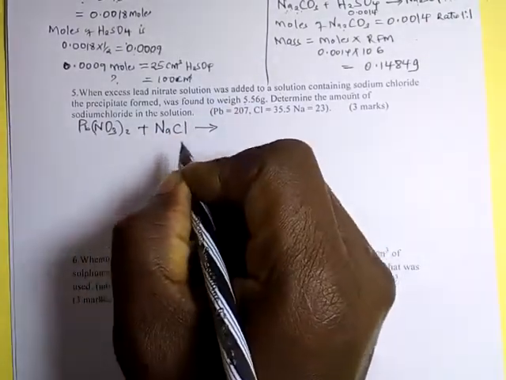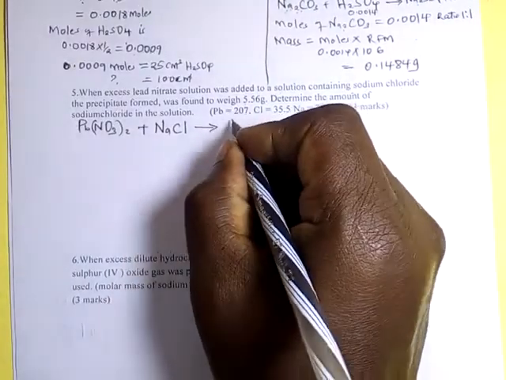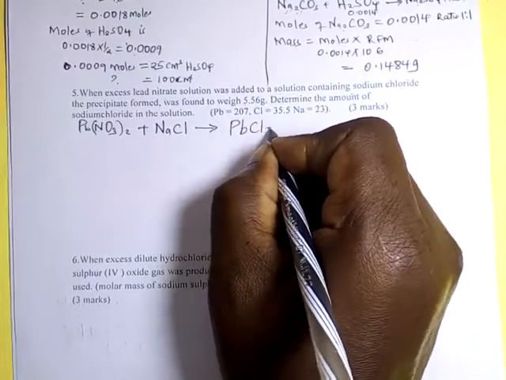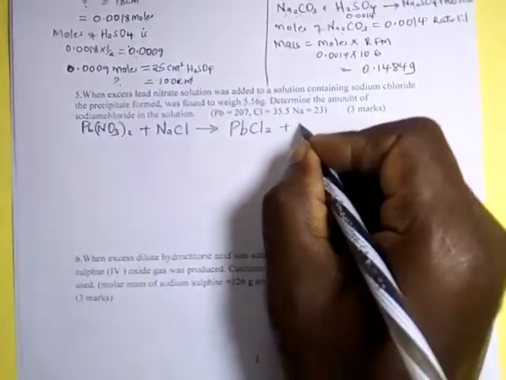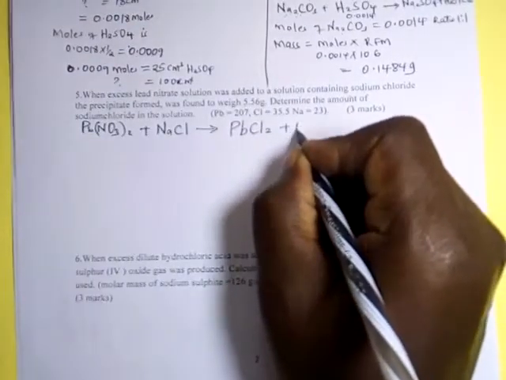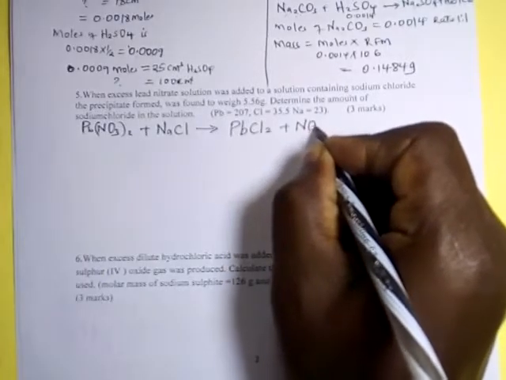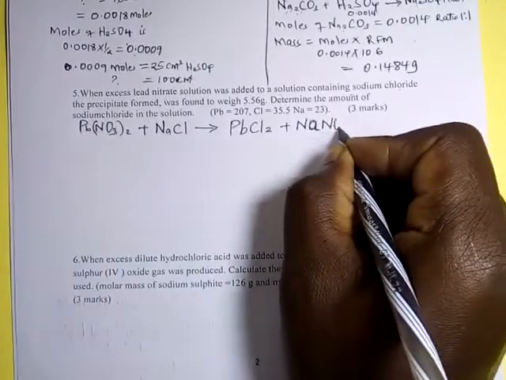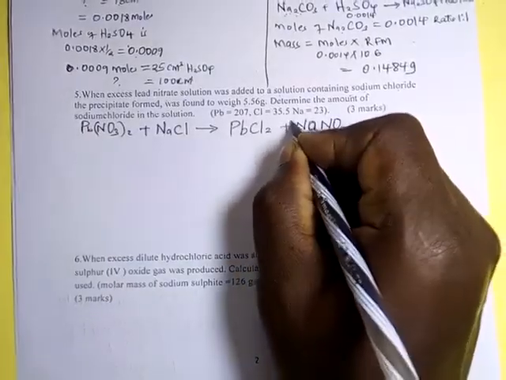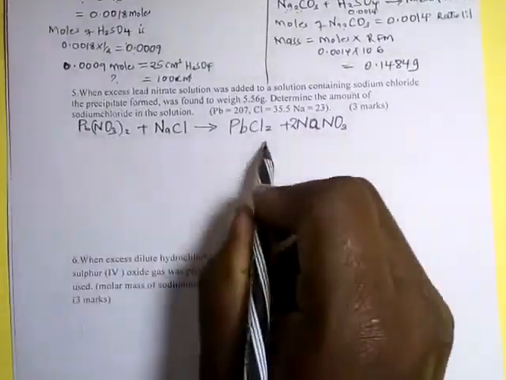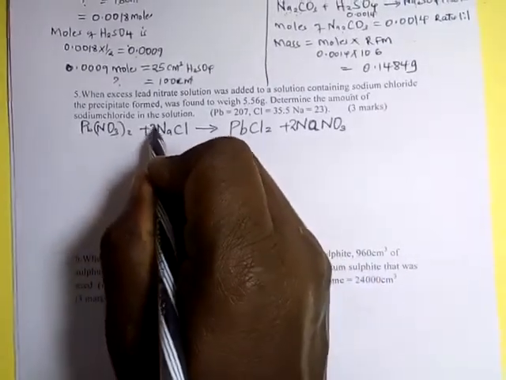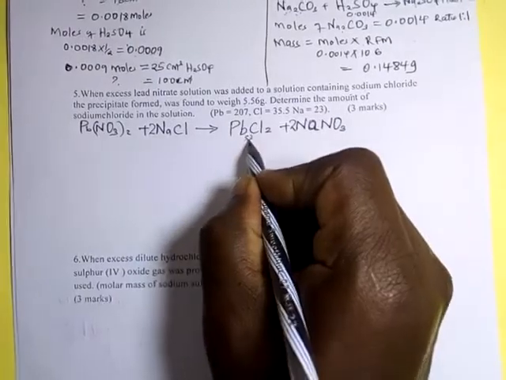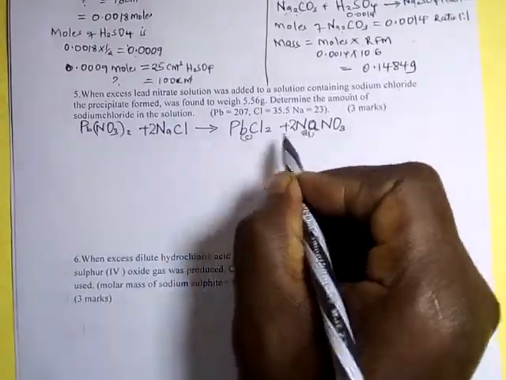This one will give us lead chloride, which is a precipitate, plus sodium nitrate. We will put a 2 here and then balance with the 2 here. So all of these are aqueous and this one is a solid. The rest are aqueous.